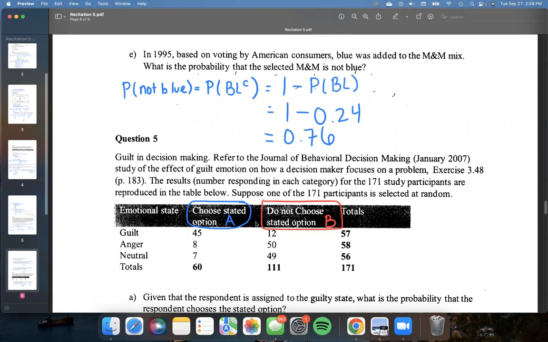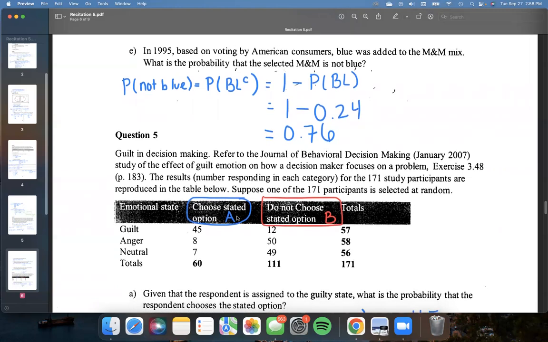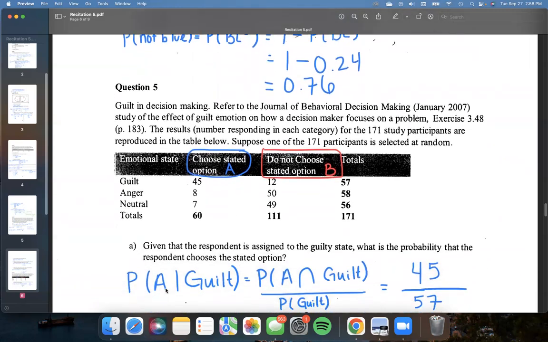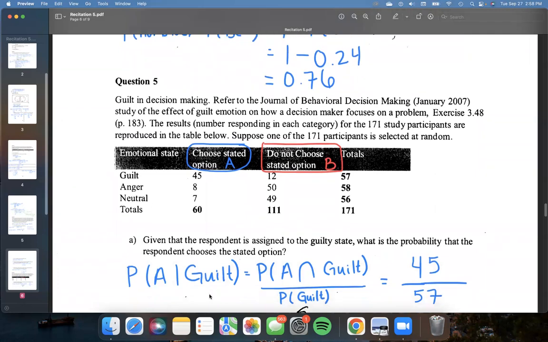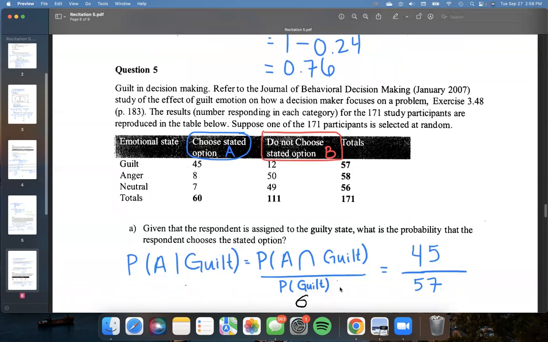So here we want the probability the respondent chooses the stated option, so that's A, given the respondent is assigned to the guilty state. So we want the probability of A given guilt. So here, that equals the probability of A intersect guilt divided by the probability of guilt.